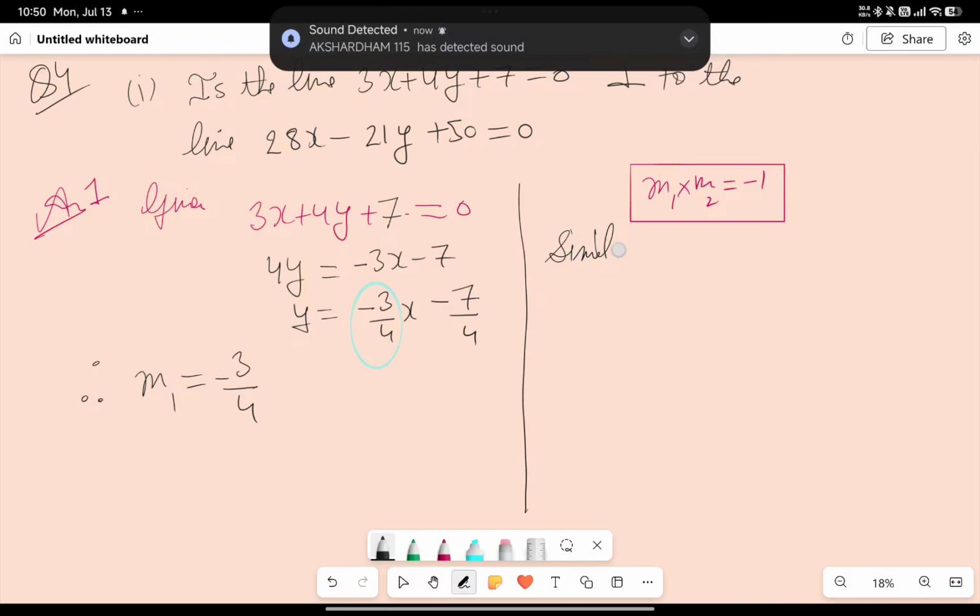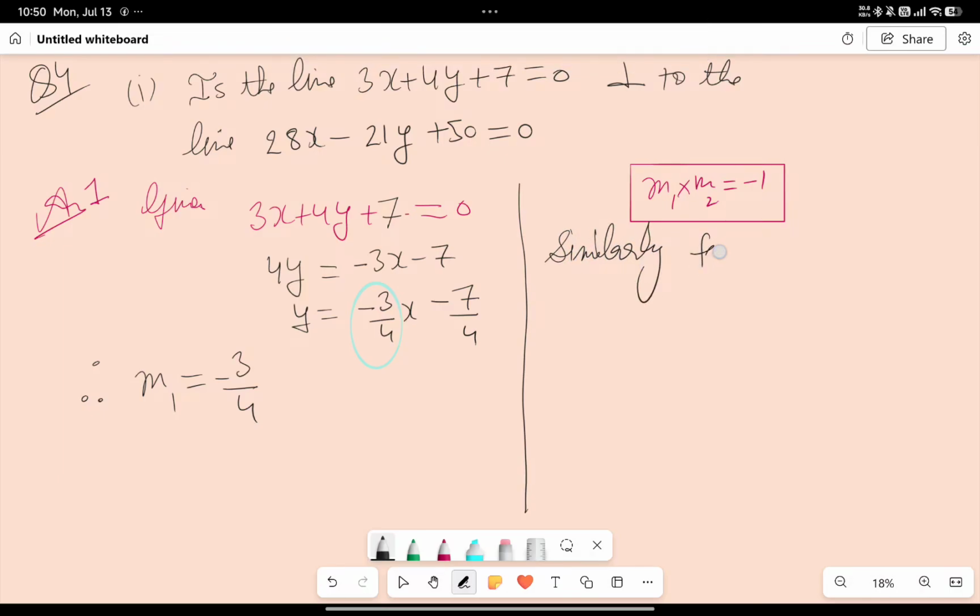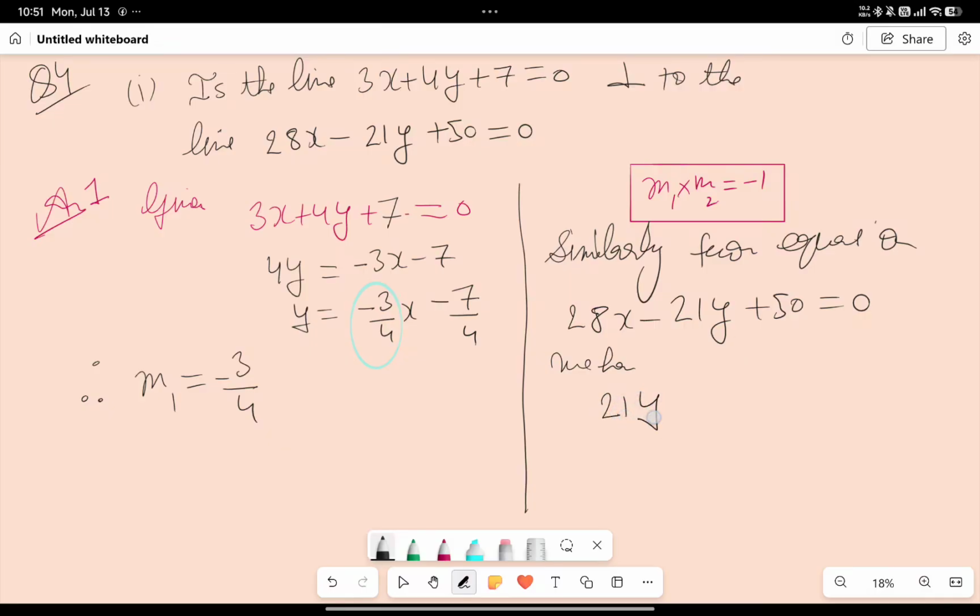Similarly, from equation 28x minus 21y plus 50 equal to 0, we have, I am transposing y that side so that it becomes easy. It will become 21y equals 28x plus 50.